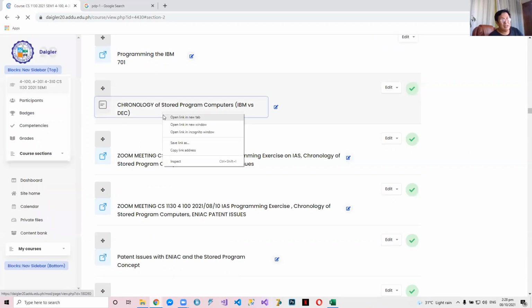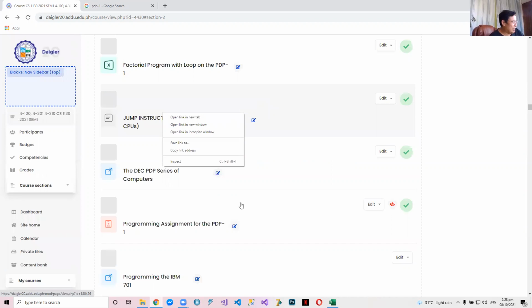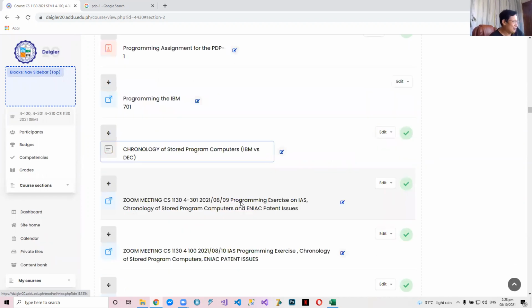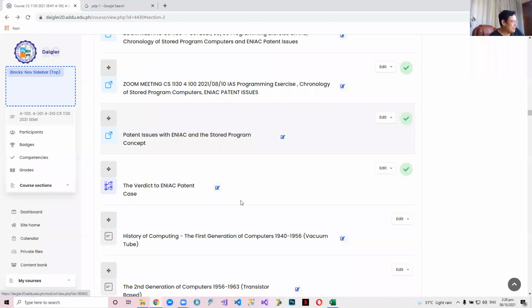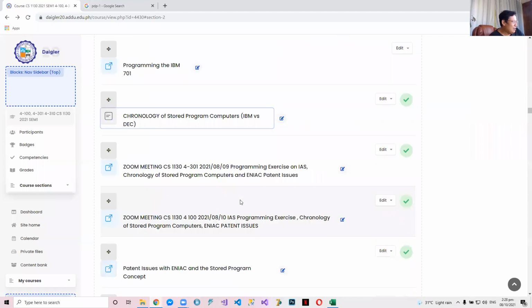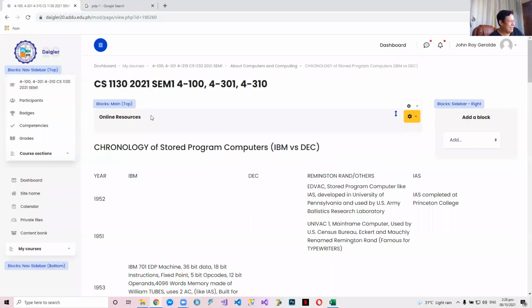We have 30 minutes, enough time to tell a story. Let me tell you another important story. Let's look at the chronology of stored program computers. During those times, there were only two big manufacturers, IBM and DEC.